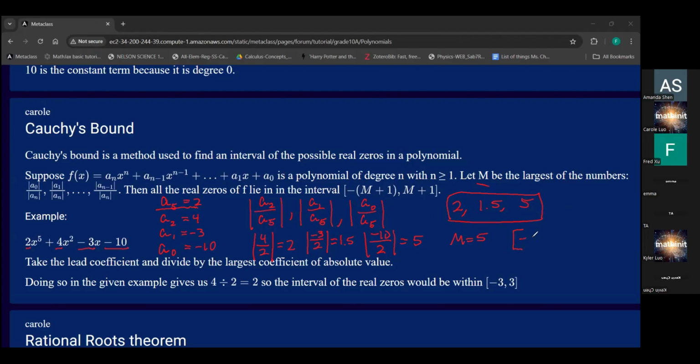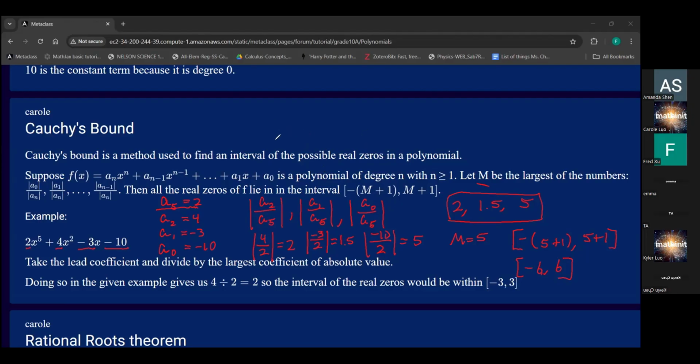So that's negative M, already said is equal to 5. So this is the negative of 5 plus 1 and 5 plus 1, which comes out to be -6 and 6. So this is the interval in which the zeros can lie, and it's -6 to 6 inclusive.